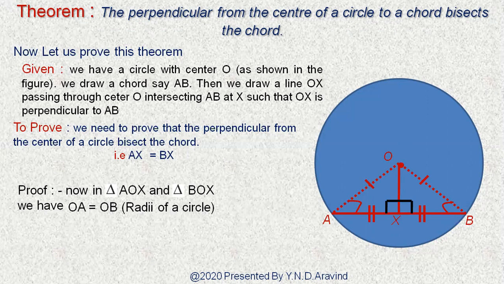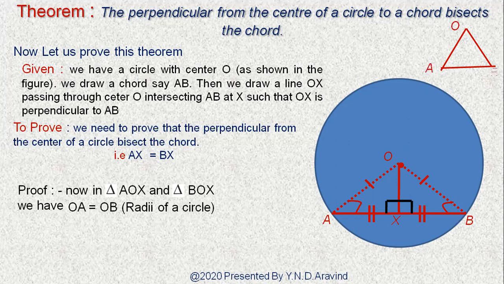If you think about a triangle like this with 3 sides, and this is your center O, and you have one side as A and this side as B. So you know that OA is equal to OB. So in any triangle like this, the angles opposite to equal sides are also equal. So this angle will be equal to this angle. So angle OAX will be equal to angle OBX.